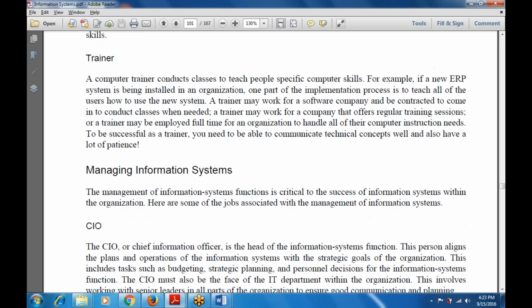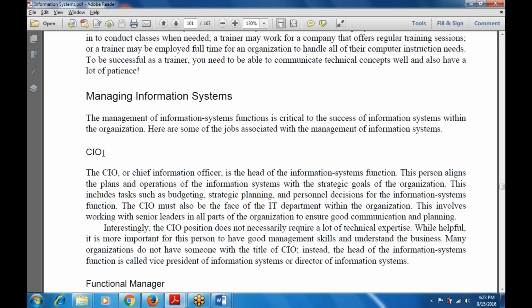The next part is MIS. This function is critical to the success of information systems within the organization. These are the various jobs associated with the management of information systems. The first one is the CIO, or Chief Information Officer, who is the head of the information system function.